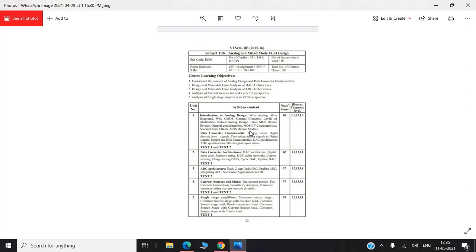Now, what are levels of abstraction? There are different kinds of levels of abstraction. Next topic, the first one was why analog, the second is why integrated. What do you mean by integrated? Integrated means incorporating a number of components into one. For example, a computer has a processor, motherboard, RAM, ROM, screen.